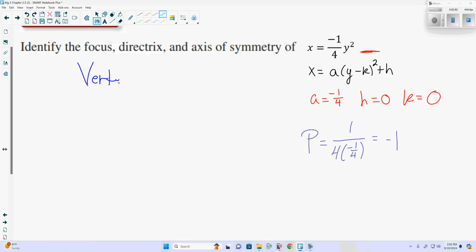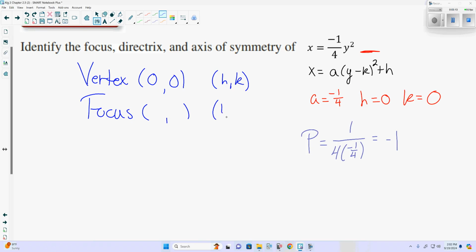Now, I didn't ask for the vertex, but we can go on and give that here, because our vertex is the point h comma k. H is 0, k is 0. So the vertex is 0, 0. Focus. For our x equals equation, the focus is h plus p, comma k.